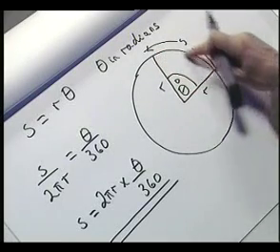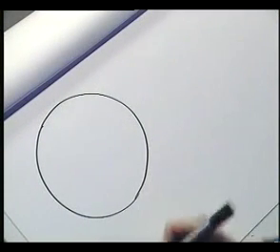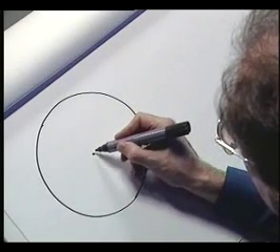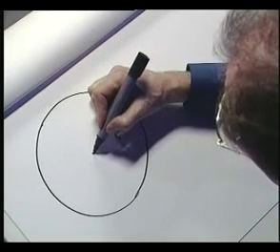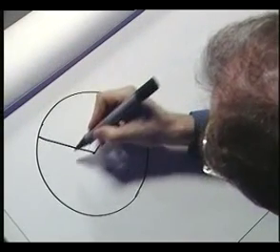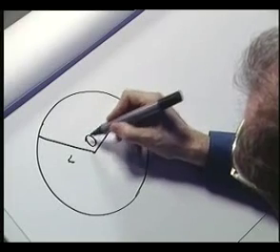What about another formula? What about the area of this sector? Well, let's have a look at that. Here's our circle again. Radius r. An angle theta.